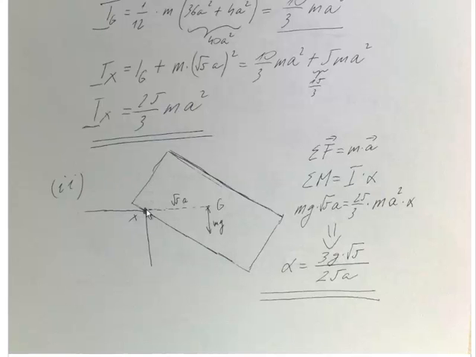There are forces here too, but their moment about this axis is 0. So we have one force, and its moment is m times g times the distance from the axis, equal to moment of inertia times angular acceleration. So after rearranging we get this formula.